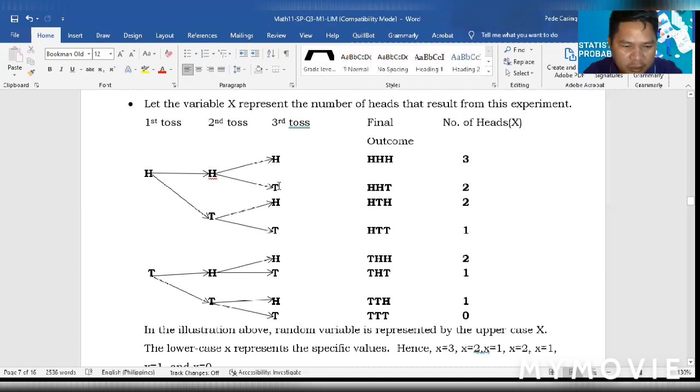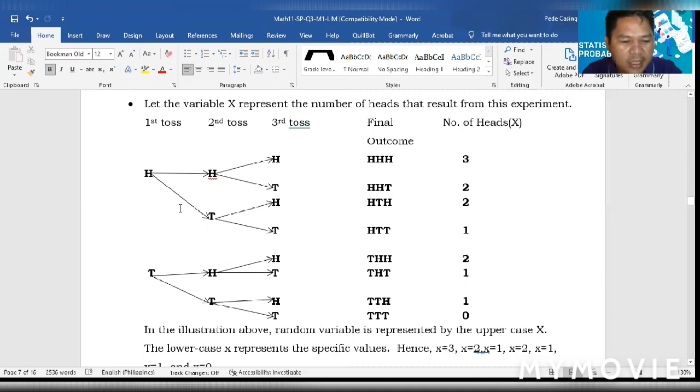Then for the third coin, it can also be H or T, head or tail. So the possible outcome for the first toss, second toss, third toss can be H, H, H. That is three H's. When you count the number of heads, that is 3.